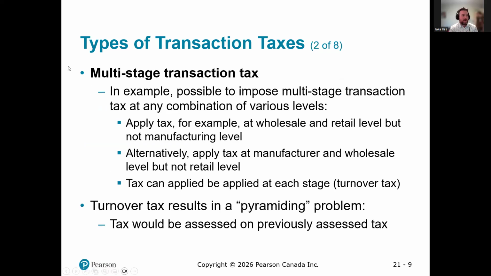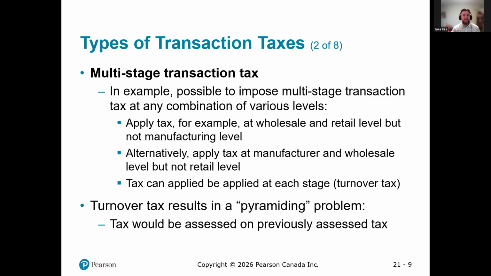The easier way to go about it is this multi-stage transaction tax, where we apply the sales tax at every step along that process. So when the customer buys it at the end and doesn't sell it along, the process has come to a close and we've collected all the available sales tax.